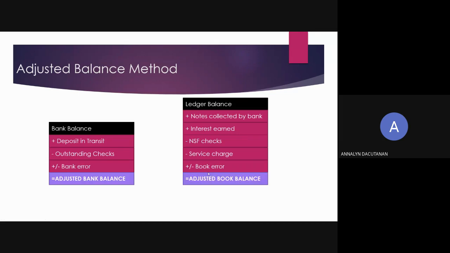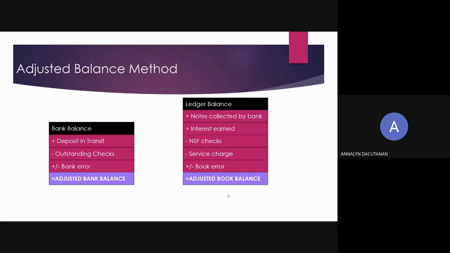And we arrive at our adjusted book balance. The only way that you know na reconciled na tayo is if this bank balance is equal to your book balance. So, para makumpirma mo yan, kailangan balance yung dalawa. If ito kulang ng 100, ibig sabihin, meron ka pang something na nawawala.